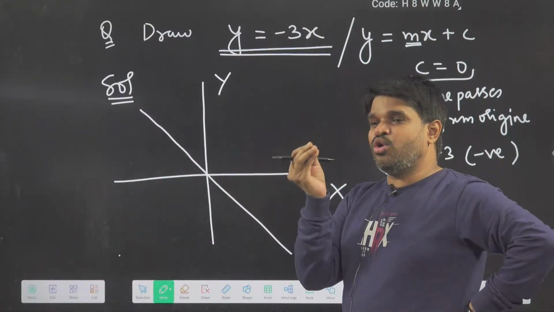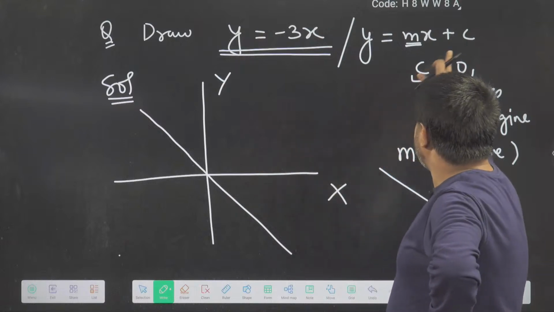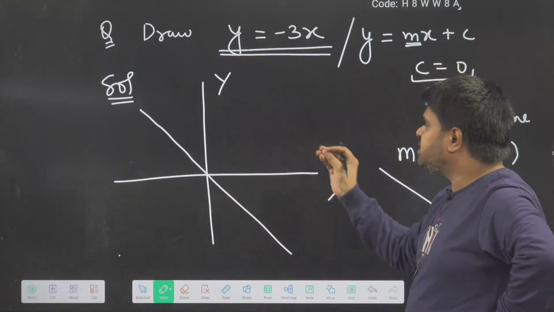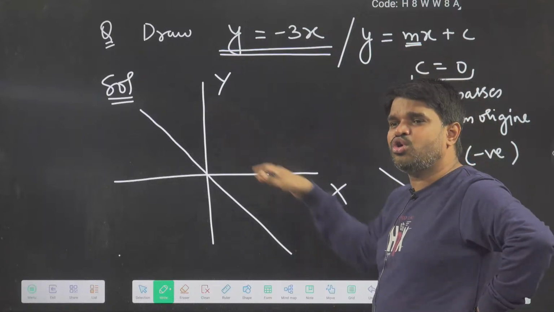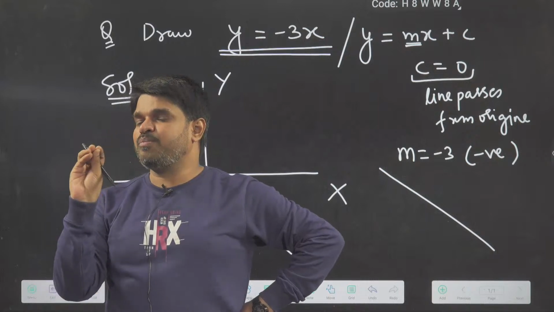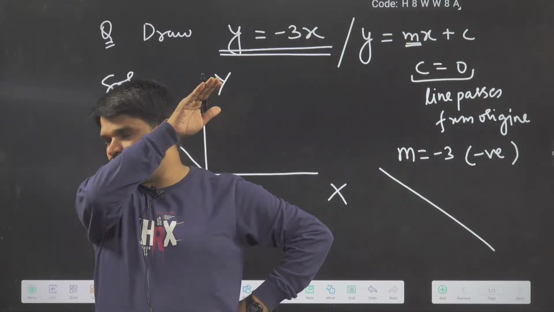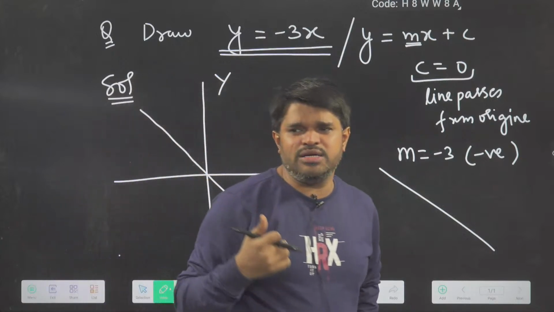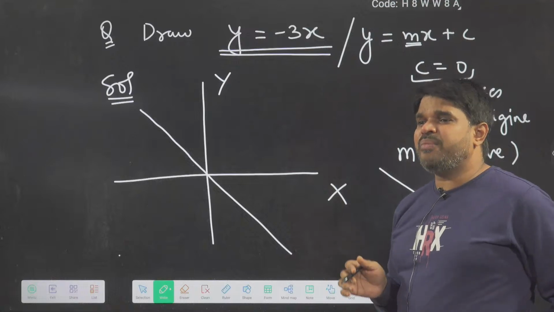Your concept should be proper: here c is 0, so the line must pass from origin. Second thing is that slope is negative, so the line should look like this. We just need to know the basic nature.